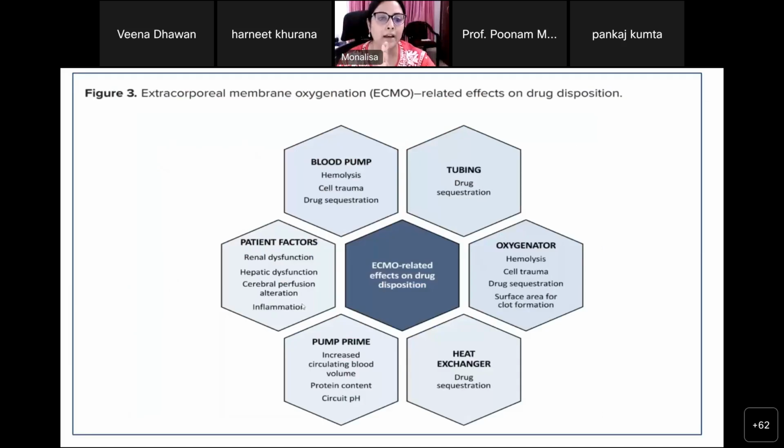So summarizing the ECMO-related factors which cause a lot of effects on drug disposition: the pump, the tubing, the oxygenator, the heat exchanger, the pump prime, which is going to transiently increase your circulating blood volume, the protein content and the circuit pH. Then the patient-related factors like renal and hepatic dysfunction, and inflammation, which is going to increase your alpha-1 acid glycoprotein and decrease your albumin, and cerebral perfusion alteration. So these are all ECMO-related factors which are going to affect your drug disposition.